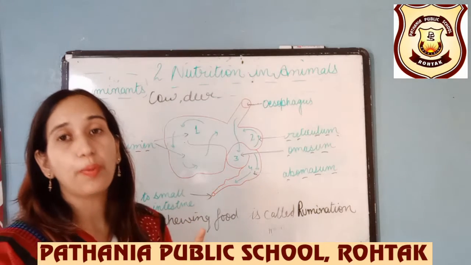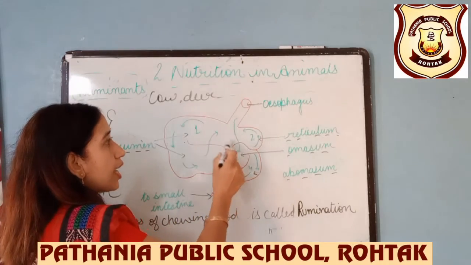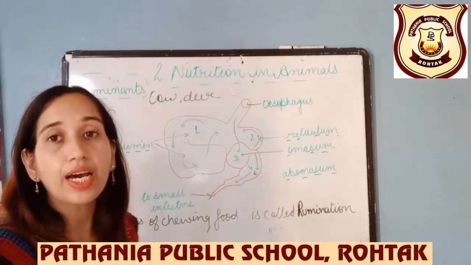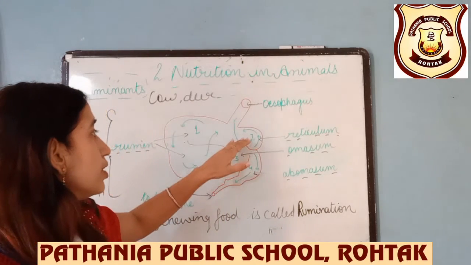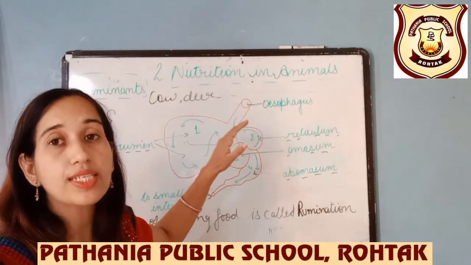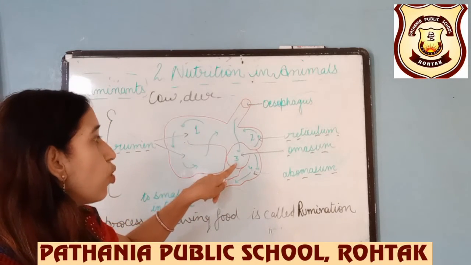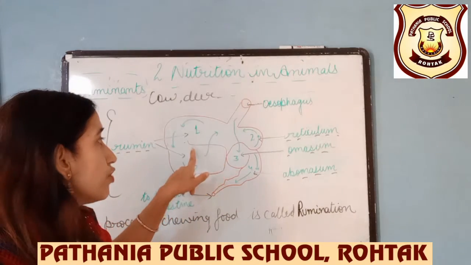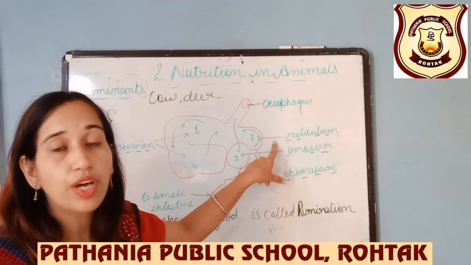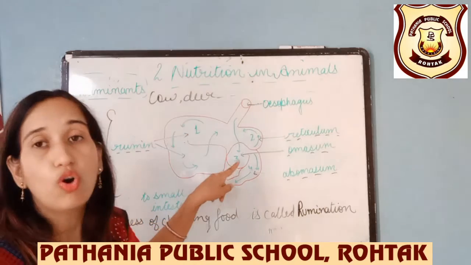After swallowing, it goes back again to the mouth for chewing. The food that goes for chewing is known as cud, and after it is chewed, it comes directly back to the omasum, bypassing the rumen and reticulum. The food comes directly into the omasum, the third part.